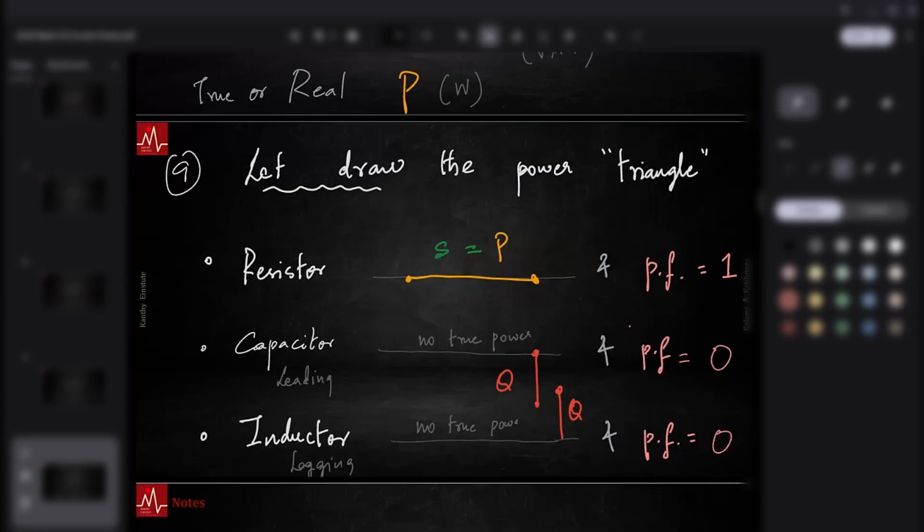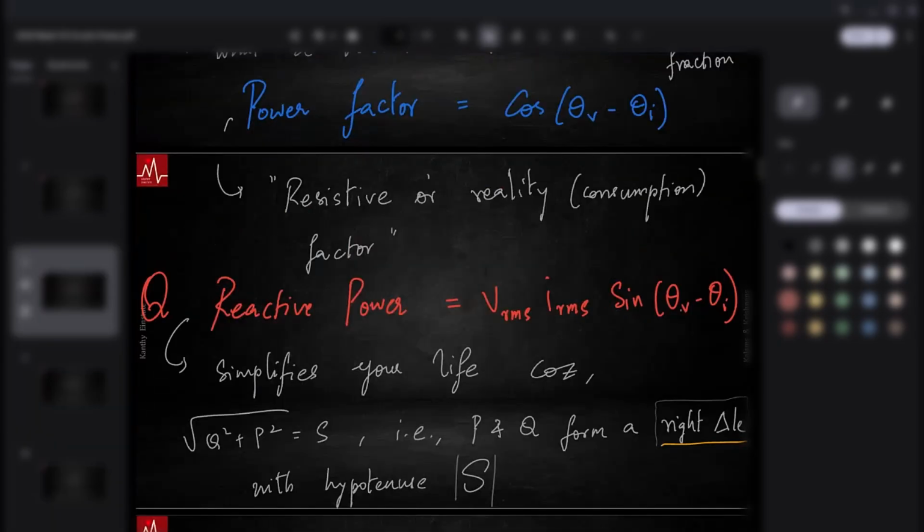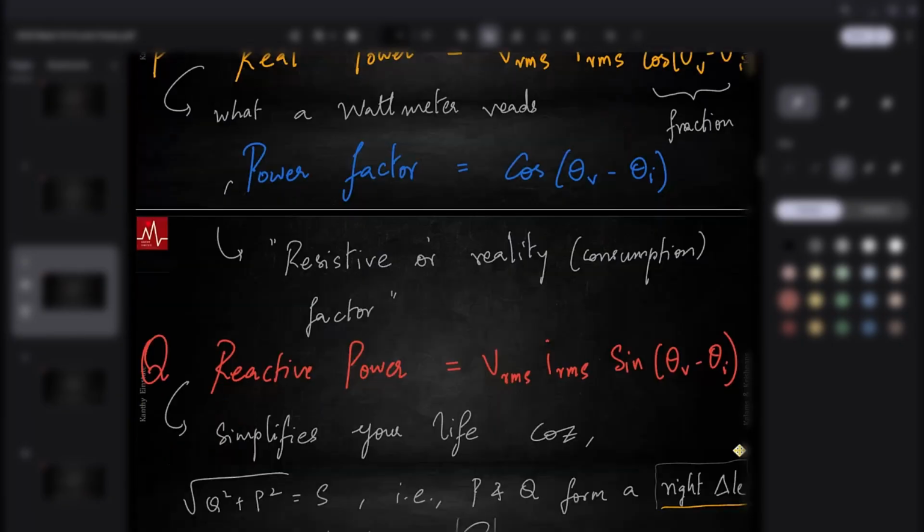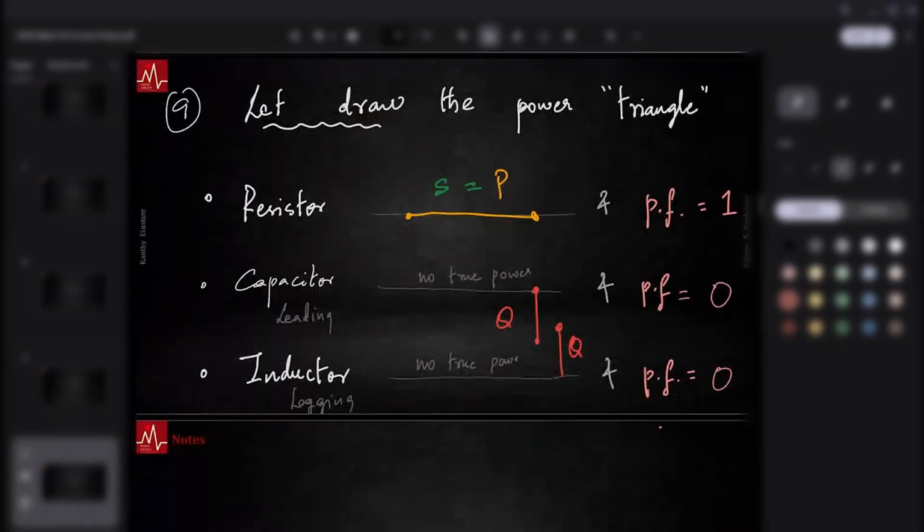Where am I getting all that from? Cos of phase difference, sine of phase difference. For capacitor and inductor, the phase difference is plus or minus 90 degree. One of them, cos theta, will be 0. Sine theta will be plus 1 or minus 1. From that, I am getting this. Good. We are almost done.